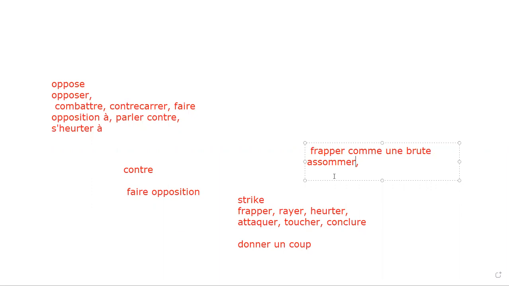To knock out the programs. Assommer. We have used assommer to knock out and to stun also. Knock out. Is it clear to you, team? Team, is it clear to you? Yes. Umang ji, is it clear to you?